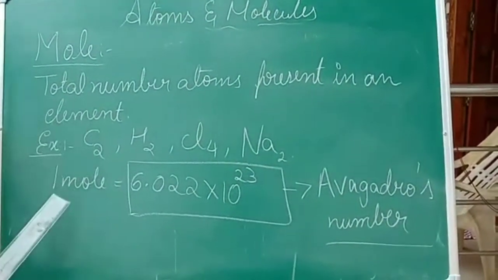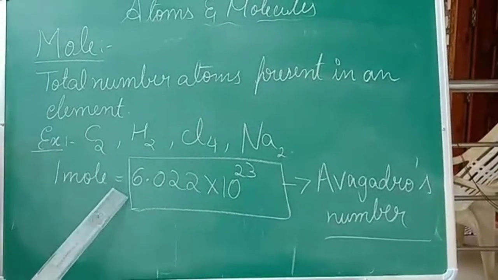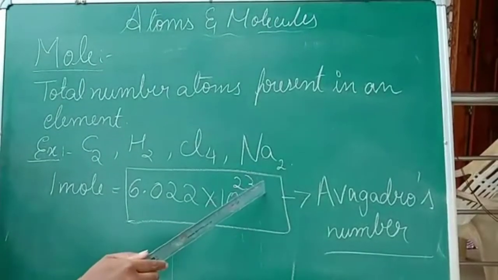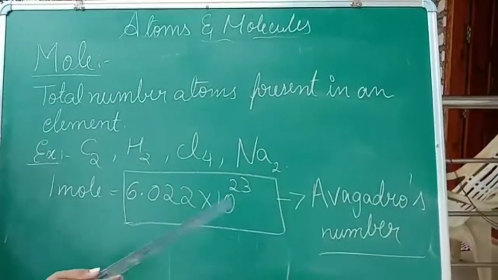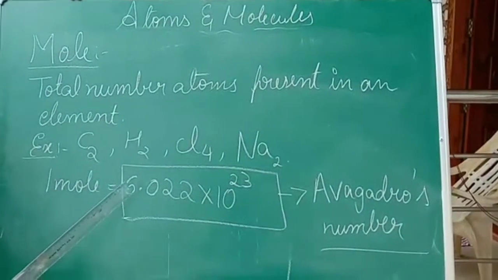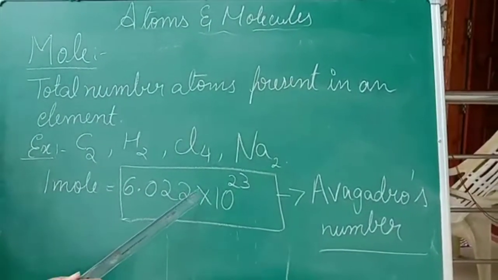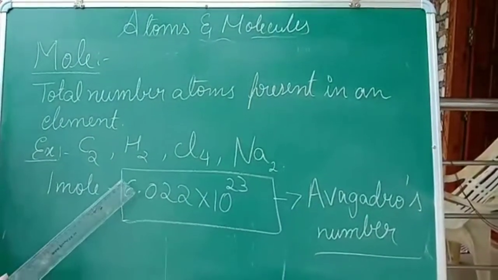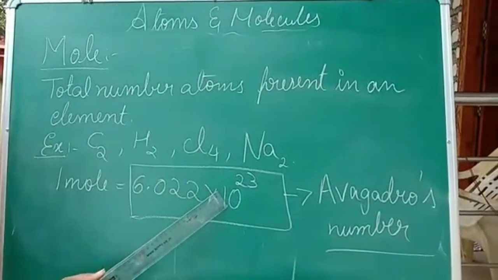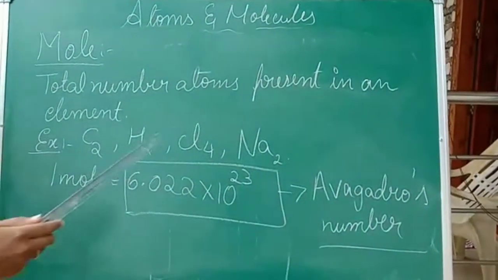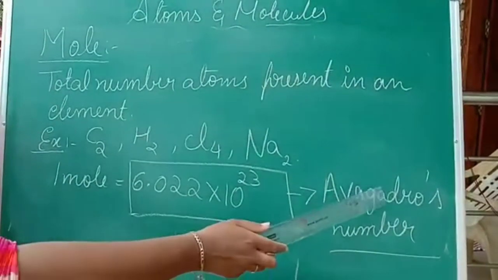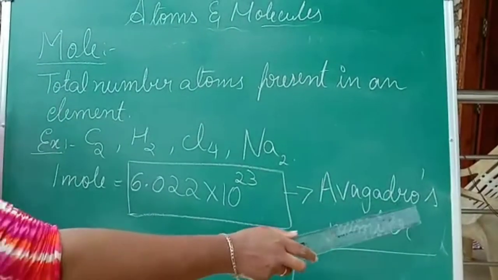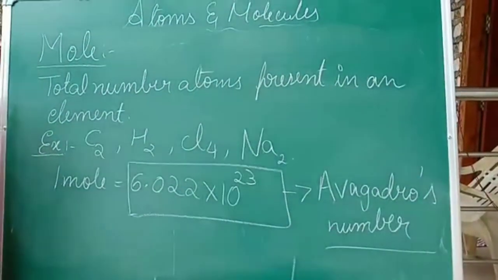Now there is a value given: 1 mole is equal to 6.022 into 10 to the power 23. This is how you read this number. I repeat, 1 mole is equal to 6.022 into 10 to the power 23. This number is specially called Avogadro's number, wherein Avogadro is the name of a scientist.